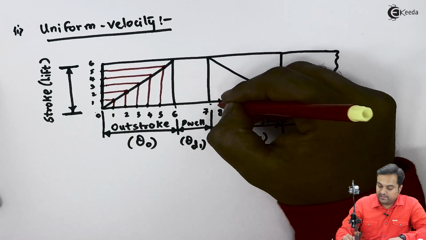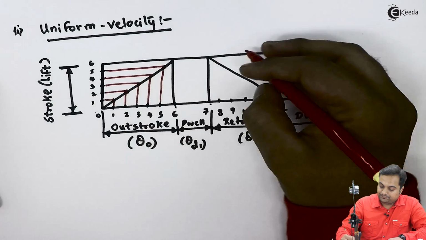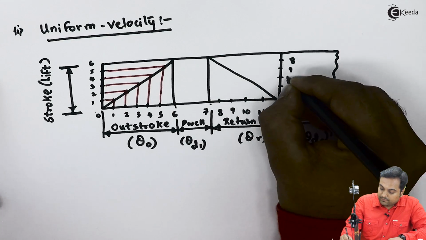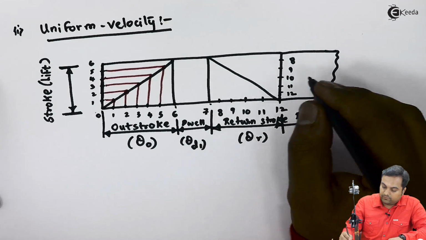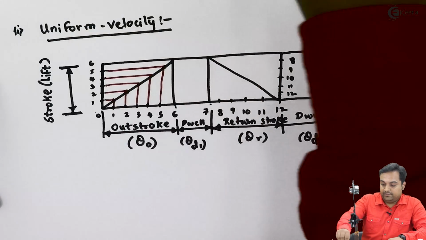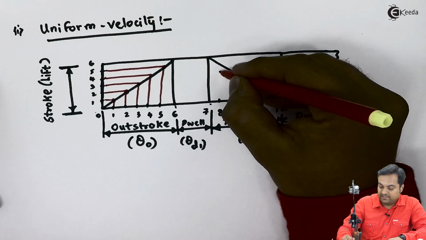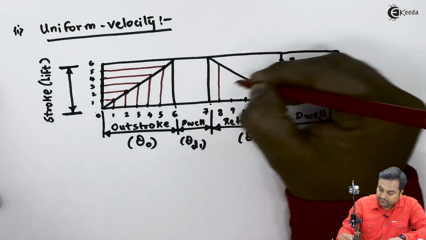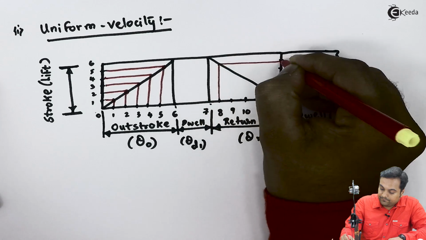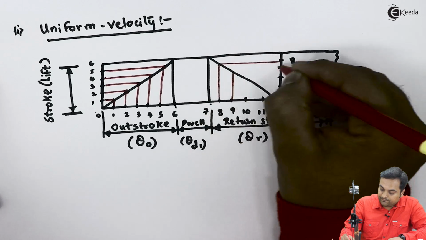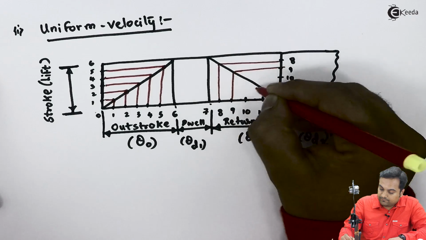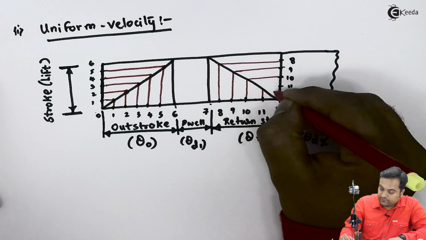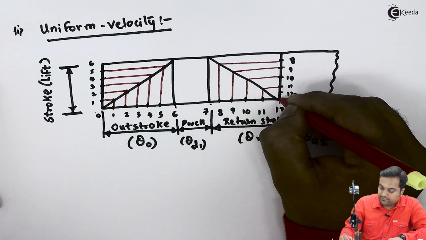And during the fall, again we do the same thing. So finally we get the motion in the downward direction if we plot each of the points, that is point number 8, point 9, point 10, point 11, and finally point number 12.